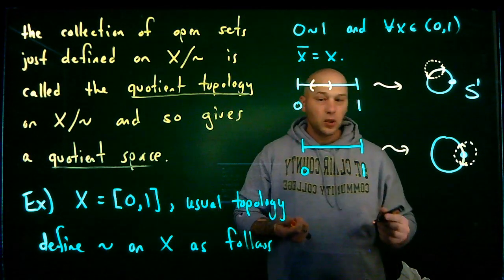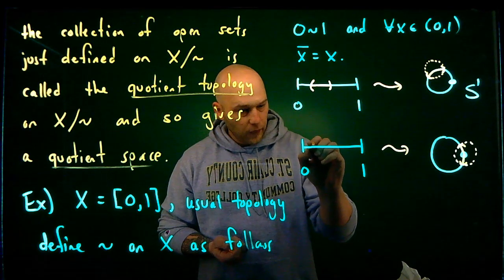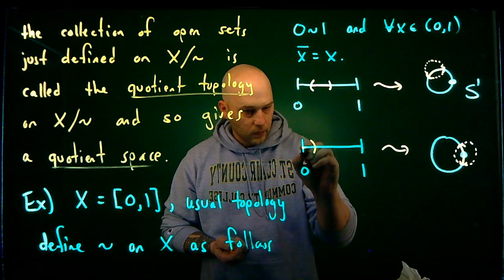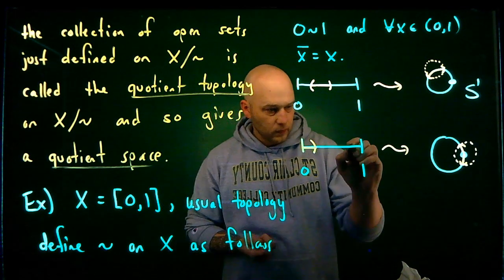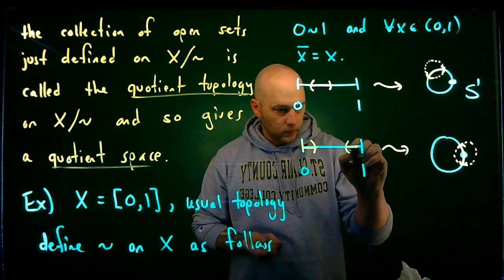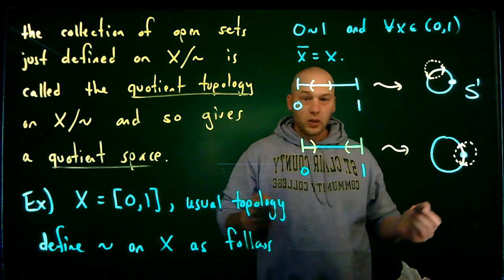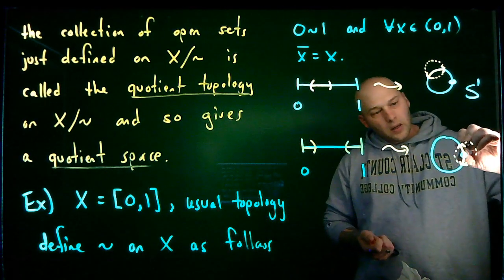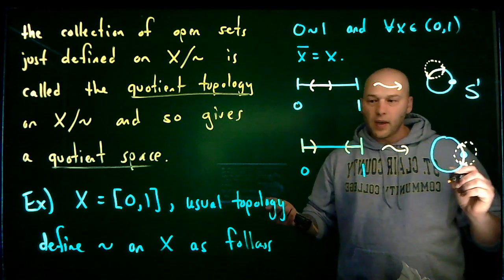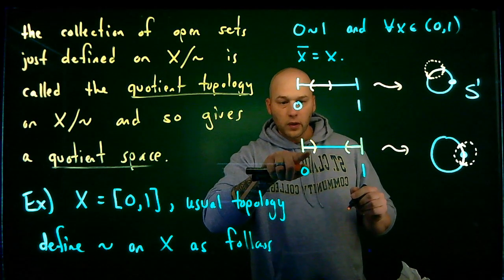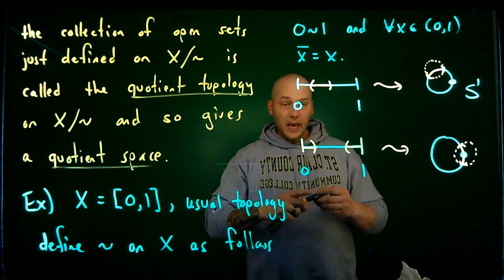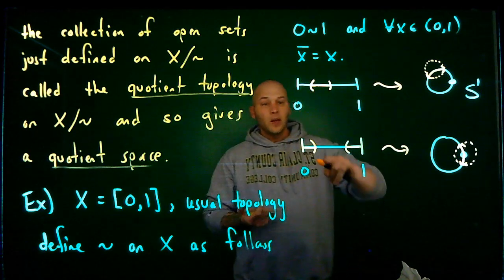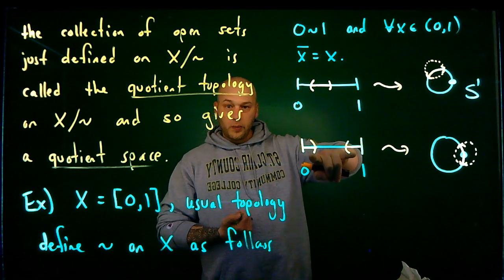Well, the preimage is going to be the following. It includes 0 and 1, and also some points on either side of that, which would give me this portion of an interval and this portion of an interval. And notice that in the real line, this would be open in the subspace topology, right?